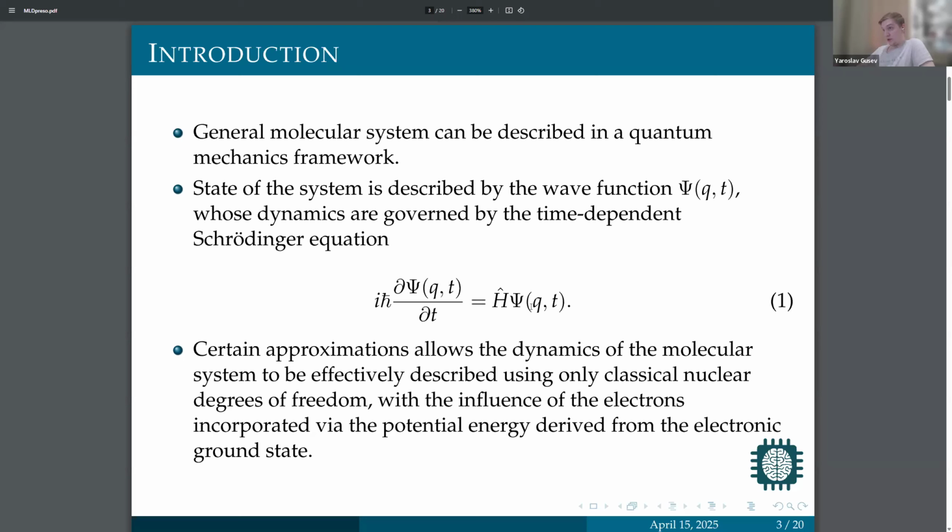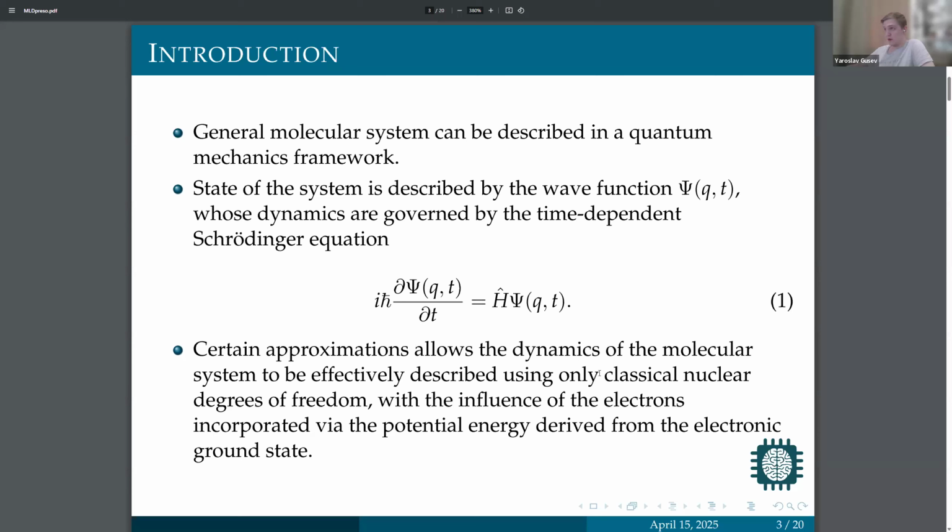But there are certain approximations that allow us to essentially simplify the description, so that we have a description that will be possible to solve on computers.